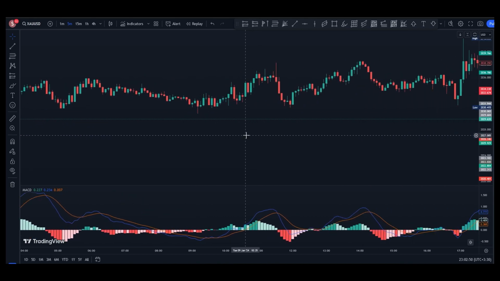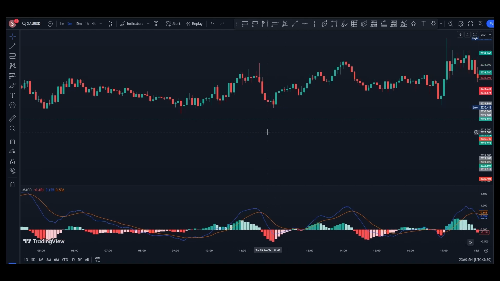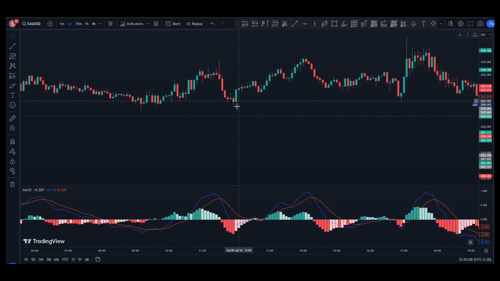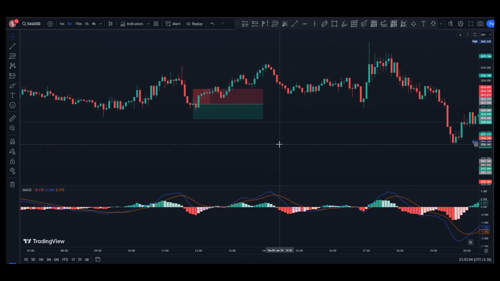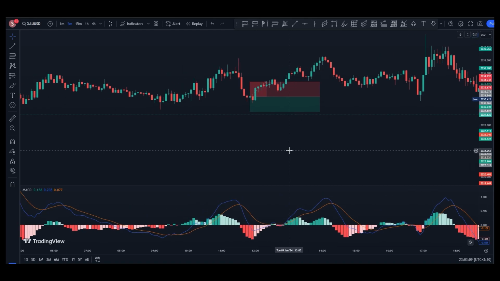Well, we can enter our short trade here, and it hit the stop loss, one false entry. Well, we have to enter our long trade around here, I think, in the London session.